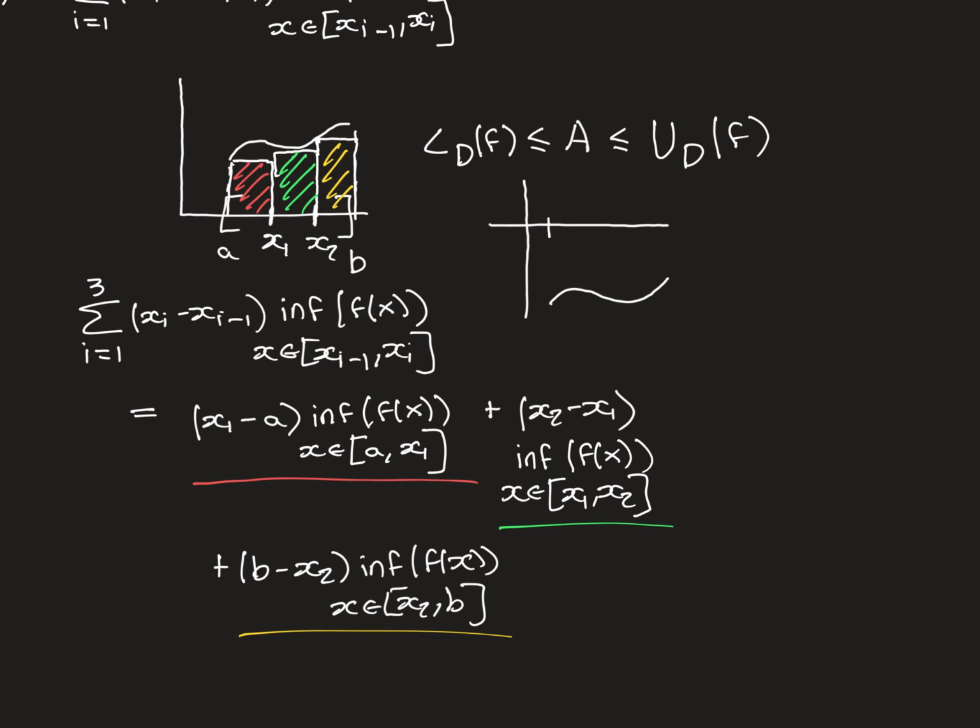So if we have a function like this over our interval AB, let's just dissect it. In fact, we might even do an even simpler dissection. Let's just dissect it into two parts. So the lower Riemann sum here, for this interval, we'd want the minimum bit, so the most negative. I think probably this bit wins over this bit just about. So we'd be making a rectangle like this.